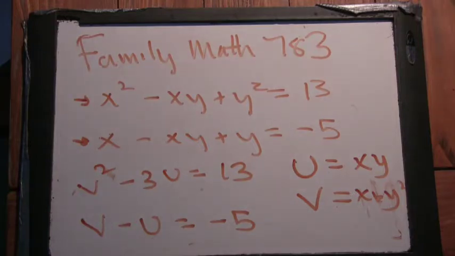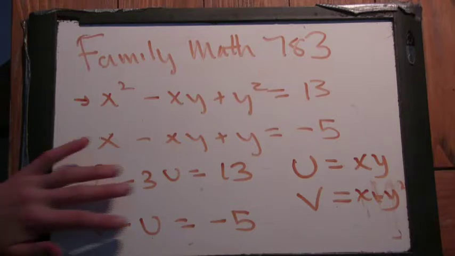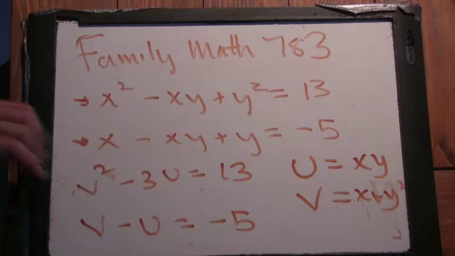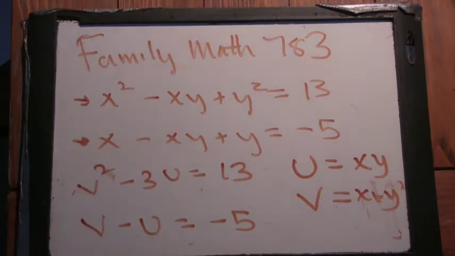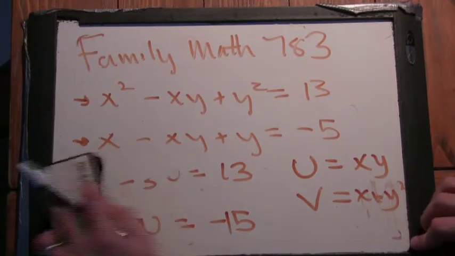Well, now we can at least get something in terms of v, so we can multiply this equation by 3. Okay. And then subtract it away. Alright. And then what am I left with? So you'd get v squared minus 3v equals 28.